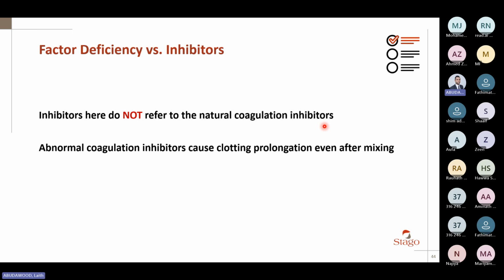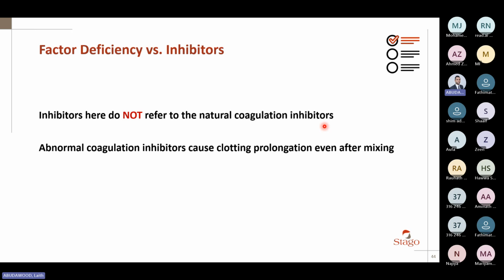Even if you want to write in the chat, feel free. Give me an example or two. Protein S? Yes. Protein C? Exactly. So we have protein S, protein C, and antithrombin, exactly.